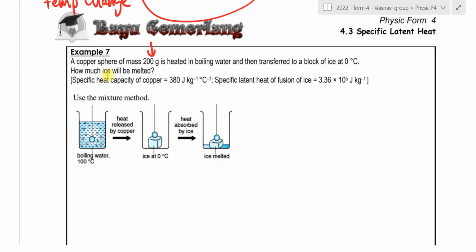How much ice will be melted? Okay, that was the question lah. And the clue given is use the mixture method.